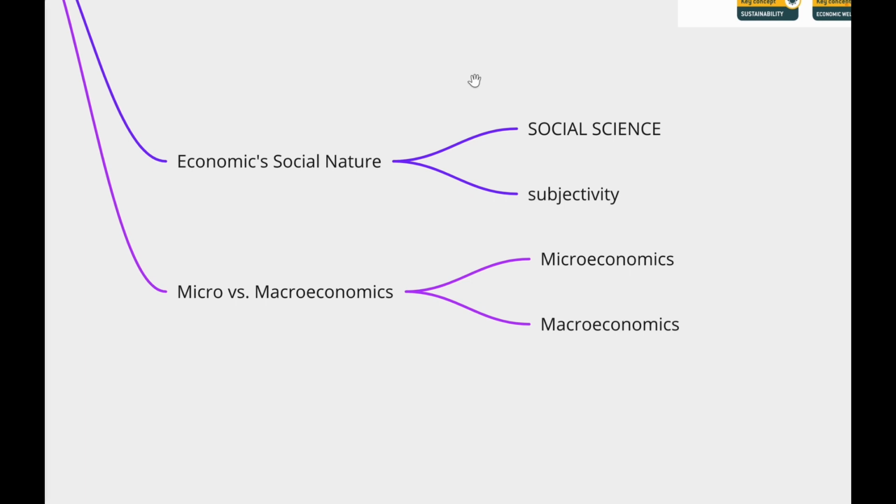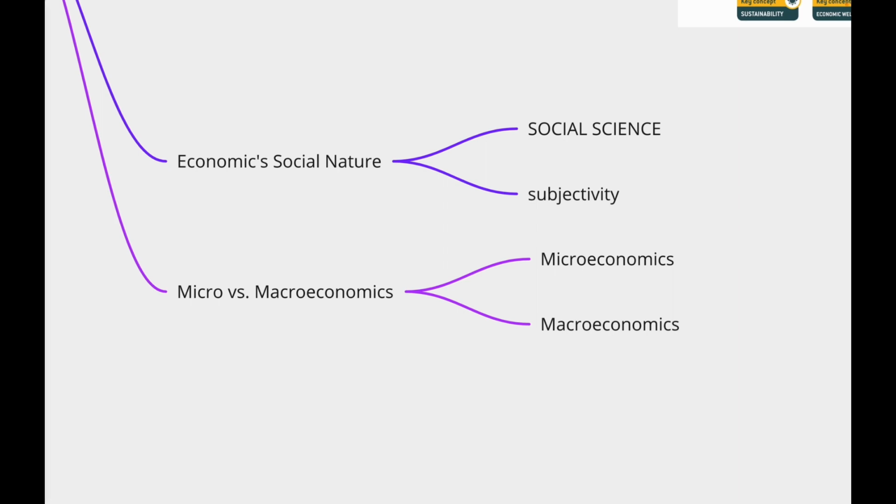Lastly, we'll look at 2 different branches of economics, micro and macroeconomics. So what is the difference between micro and macroeconomics? Microeconomics is the behavior of individual economic agents, for instance, households and firms, and it investigates how they make decisions.